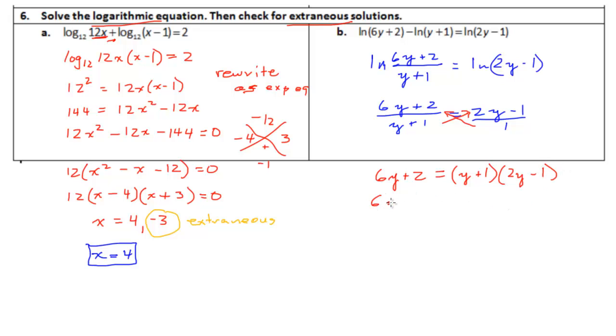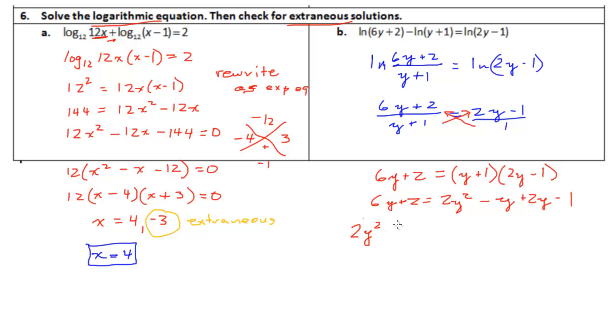We'll simplify this out. 6y plus 2 equals 2y squared minus y plus 2y minus 1. Now we need to get everything on one side. So let's move all of these terms over to the right-hand side.